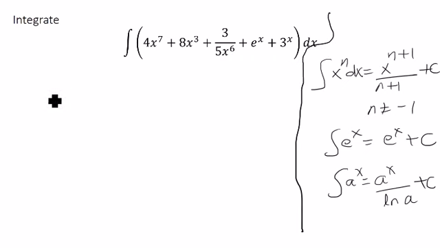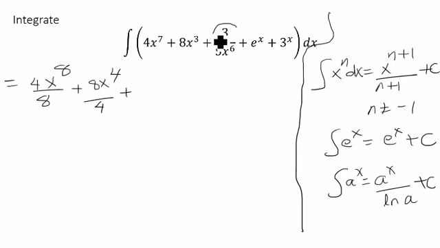Okay, so here we're going to do 4x to the 7. Of course 4 is a constant, so it will stay back. So 4 times x to the 7 plus 1, 8 over 8, plus 8x cubed. 8 is going to stay back, so 8 times x to the 3 plus 1, 4 over 4, plus, now this thing right here, you have to manipulate this a little bit, so it's going to be 3 over 5, and then you have to move x to the top, so it's going to be x to the -6, because we don't have a rule that has to do with this power in the denominator.